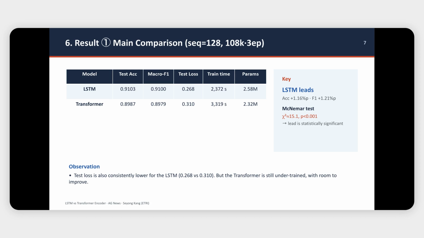So the gap is real. I got this from saved predictions with no retraining. Test loss was also lower for the LSTM. One note: the transformer wasn't fully trained yet. The next slide showed that.